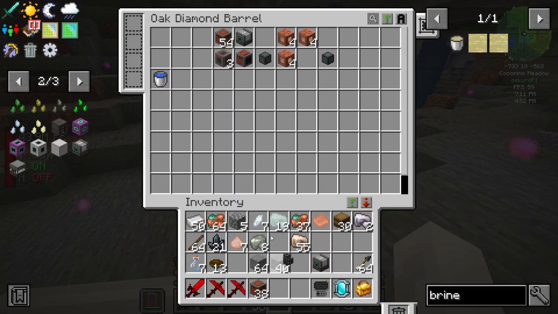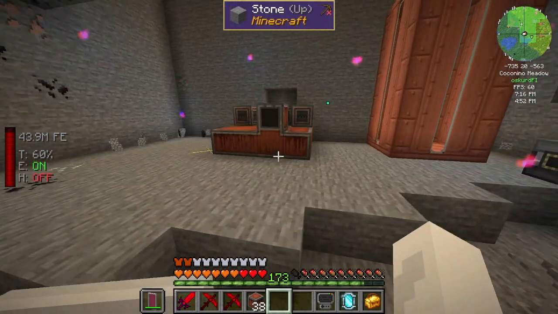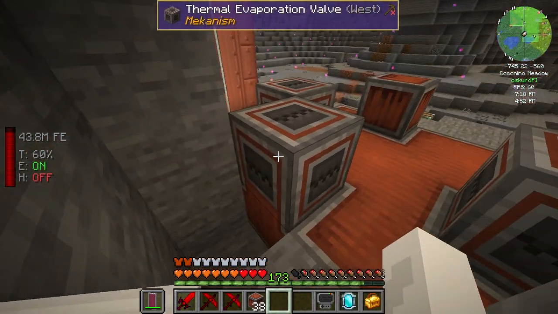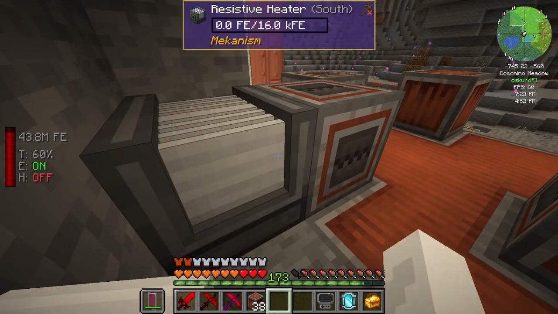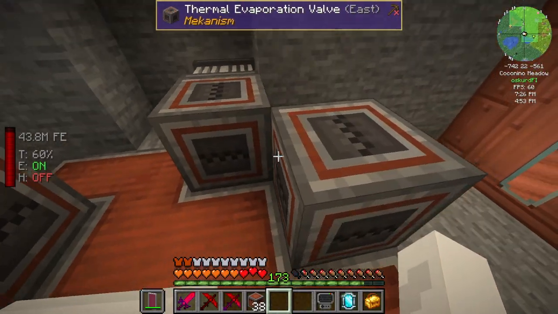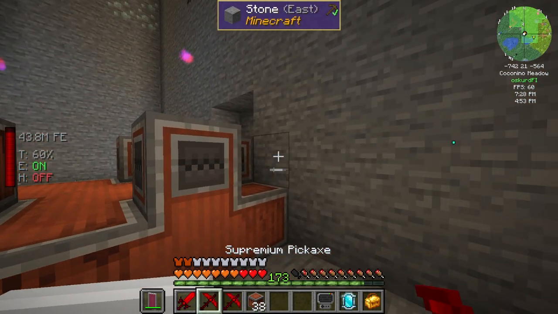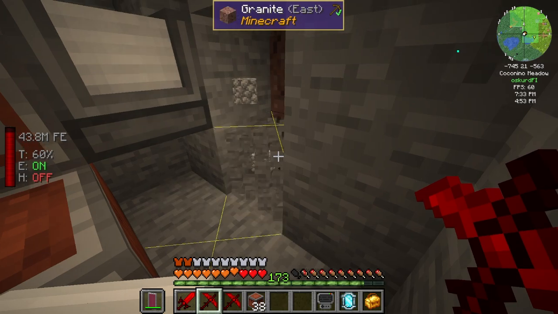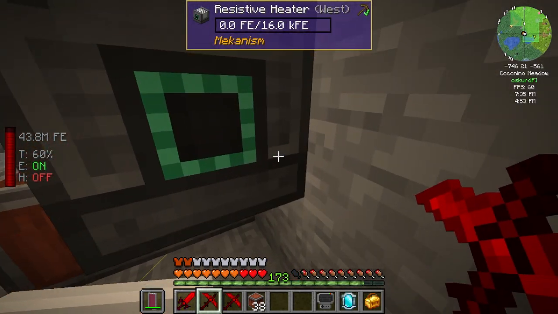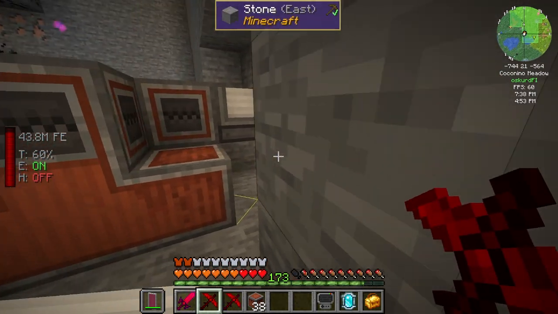This first power doesn't need water, but this heater we can put back here, and then just power it. Like so. Power goes there.